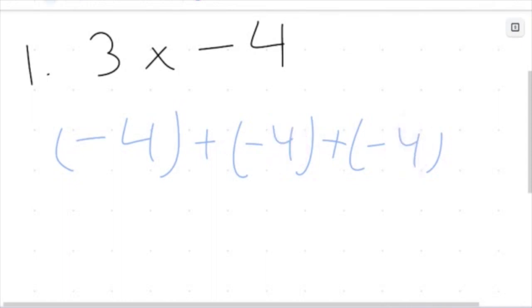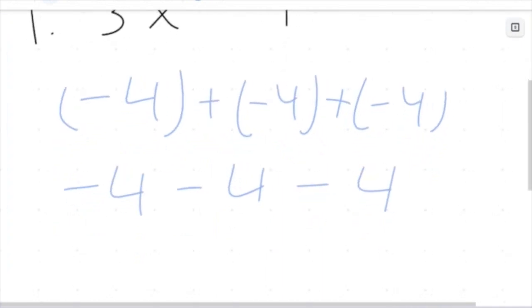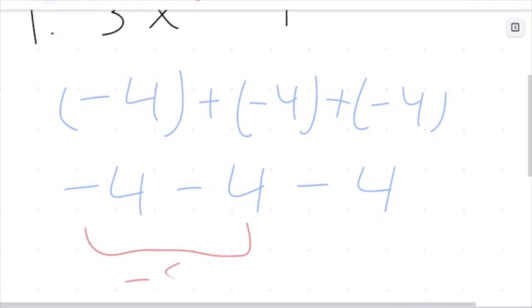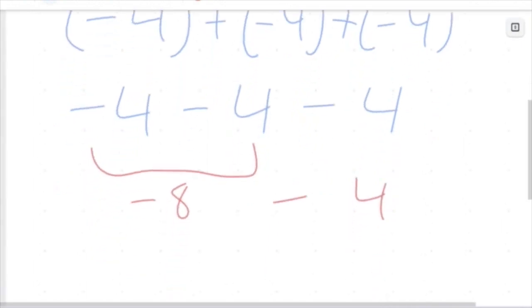So what I end up getting is my first negative 4 doesn't change, but I'm doing negative 4 minus 4 minus 4. If I get minus 4, that gives me negative 8. And then I want to minus another 4 from there.